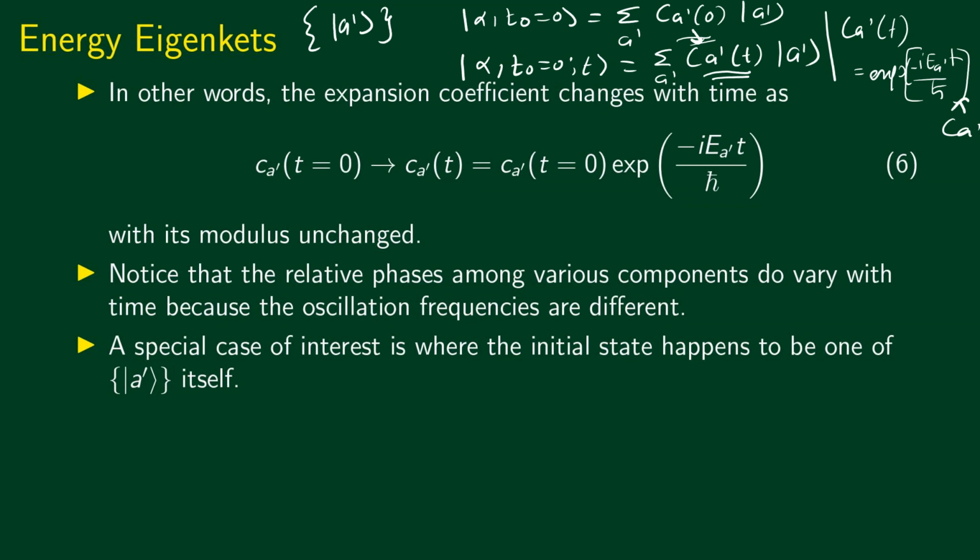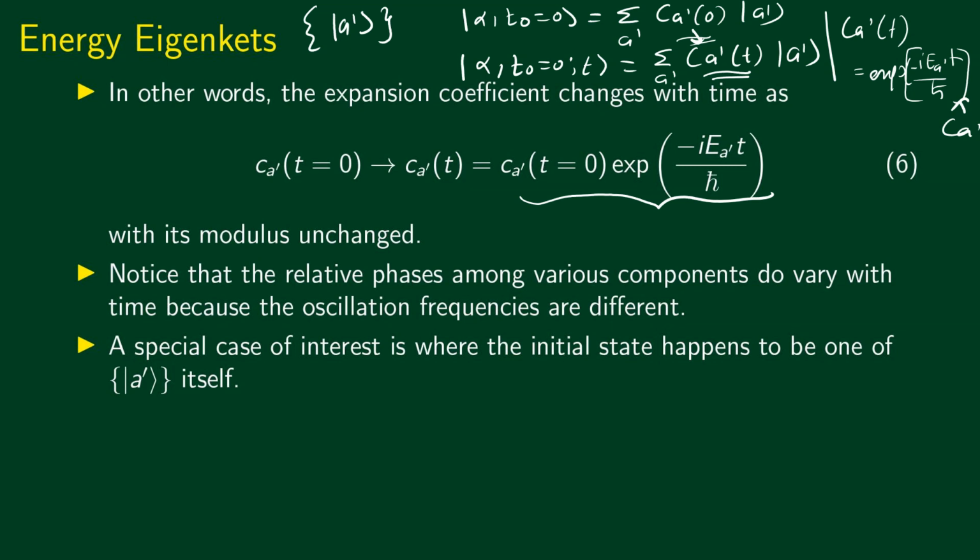All right. So we actually see that these expansion coefficients oscillate in time. All right. This is an oscillatory thing. It oscillates in time. All right. And we see that the relative phases among various components vary with time because the oscillation frequencies are different. Okay. So if you look at it as an oscillation, we see that individual expansion coefficients oscillate differently with respect to time.